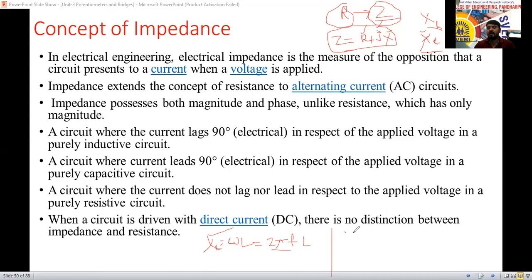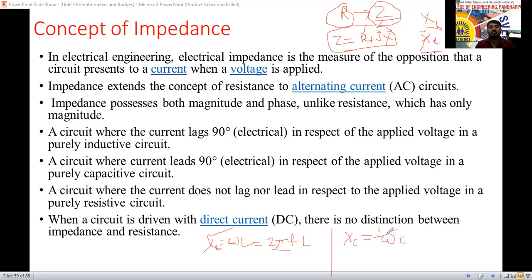For the capacitive reactance, what are we going to consider? XC equal to, what is the formula? XL equal to omega L is correct, but for the capacitance, XC equal to 1 by omega C we have to write down here.